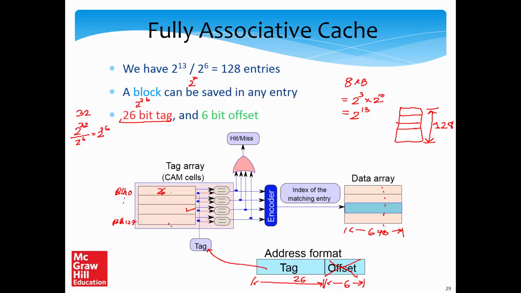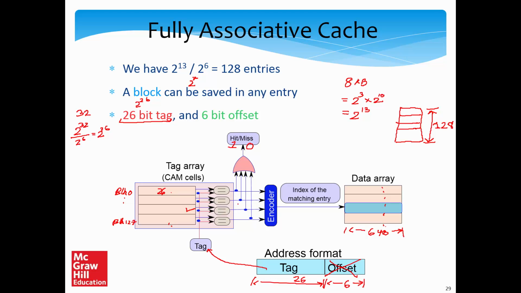Otherwise, if the block address does not match any of these tag entries, then there is no hit and there is a miss. So if there is a hit, the OR gate will give a 1, which means there has been some match. Otherwise, the OR gate will yield a 0, which means there has been no match.